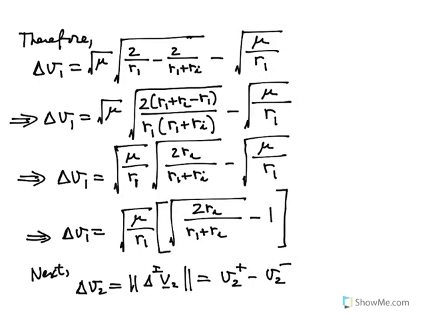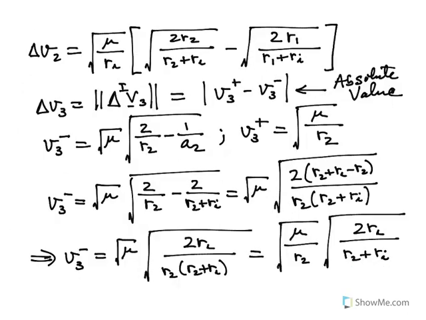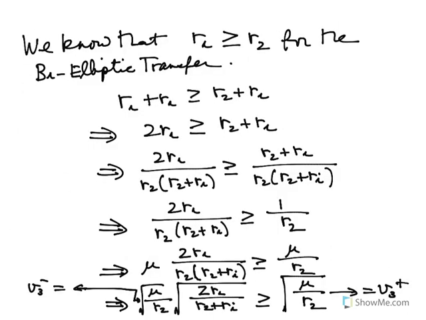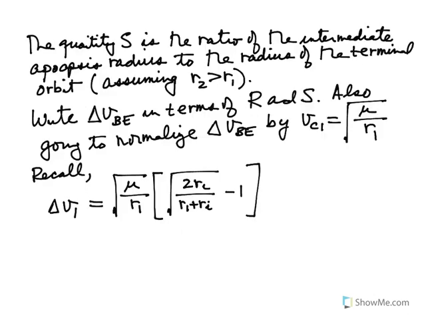So we can now use that to get this in terms of R and S. We're going to divide the numerator and denominator of that fraction by R2, the same way we did with the Hohmann transfer.